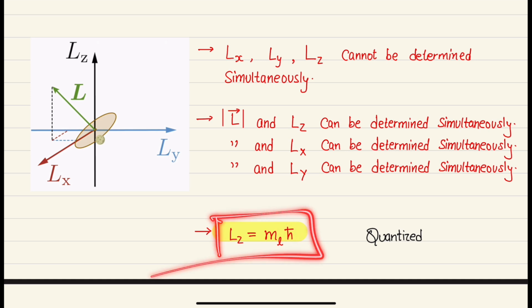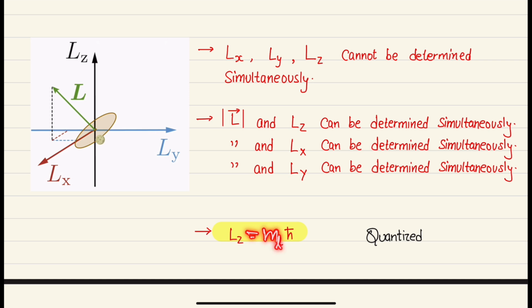This is very important. The orbital angular momentum in the z direction is called Lz, and it is given by ml, the magnetic quantum number, into h cut, and this value is quantized.